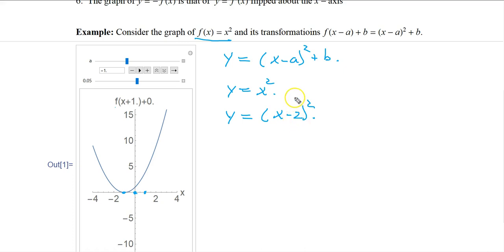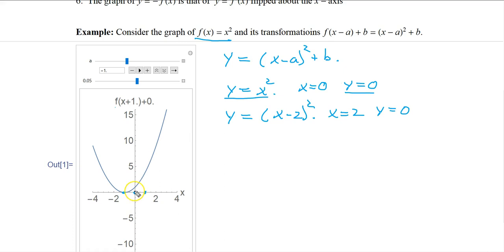Which way does it shift it? Well, think of it like this. In the original graph, if x is equal to 0, then y is equal to 0. Now down here, if you want the y to equal 0, well, we need to let x equal 2. So if x is 2, y is 0.